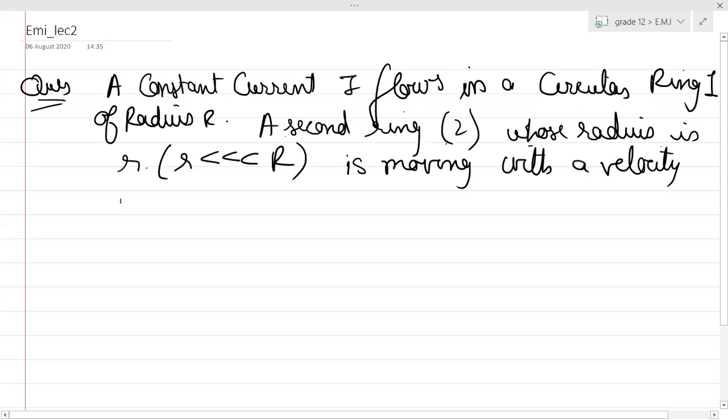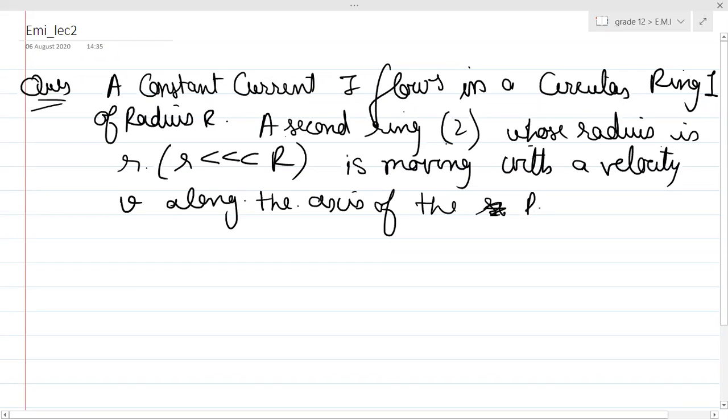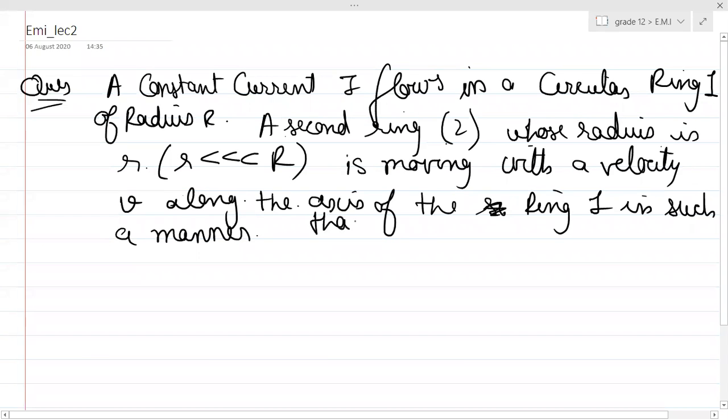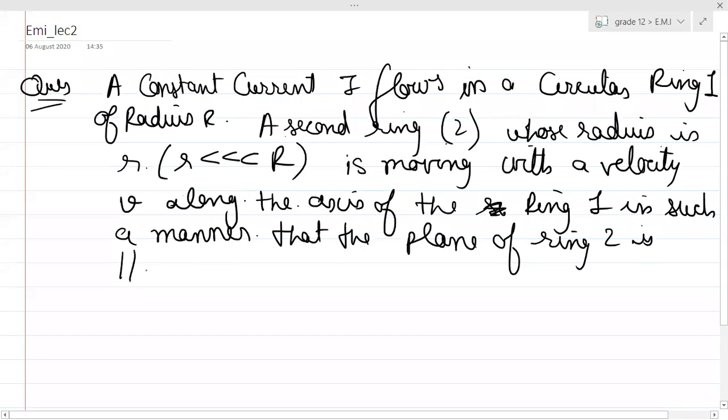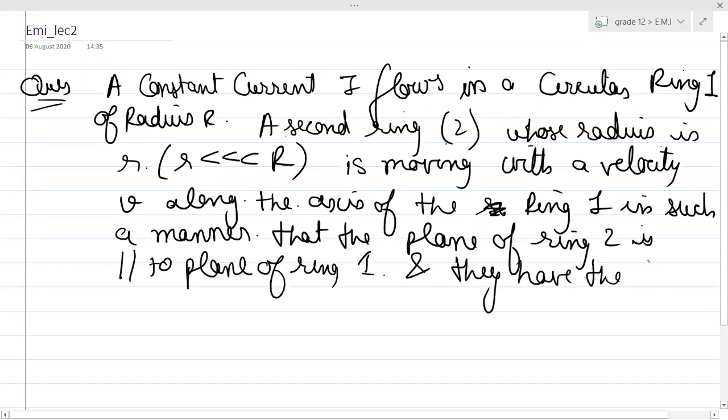It is moving with a velocity v in such a manner that the plane of ring 2 is parallel to the plane of ring 1, and they have a common center.